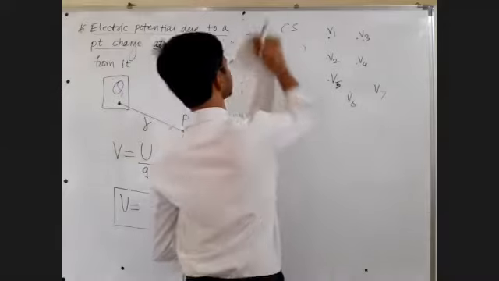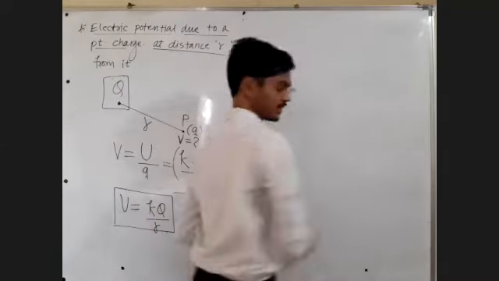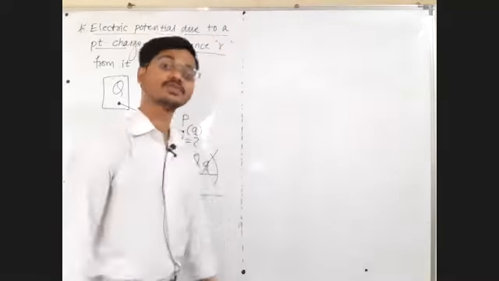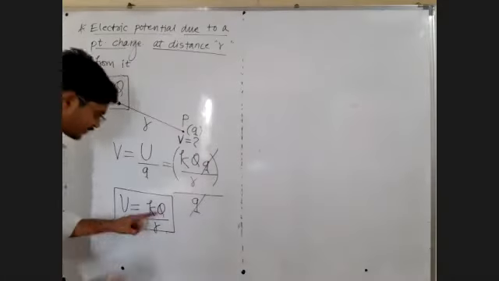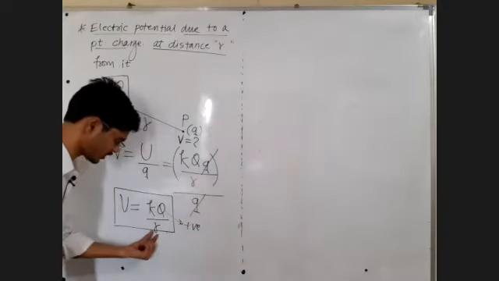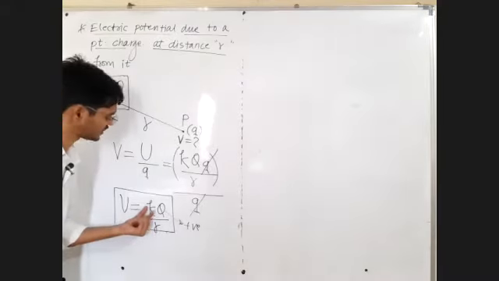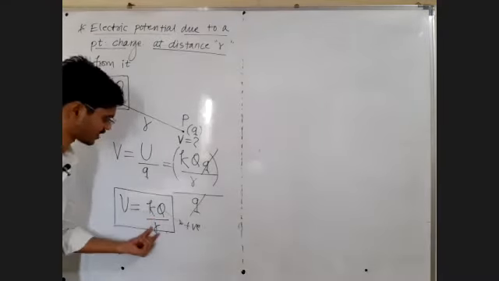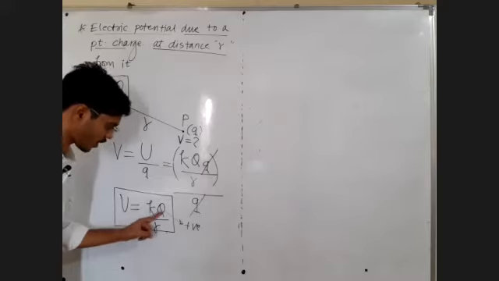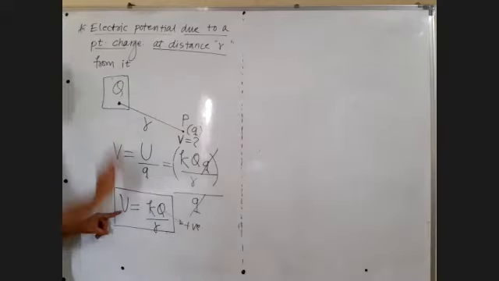Fine. Now let us verify the fact or the property. Let's say our charge system is a positive charge. If this charge is positive, we know distance is always positive. This K value is always positive, 9 into 10 raised to 9. This distance is always positive. If our charge system is positive, this potential answer will automatically come out to be positive.